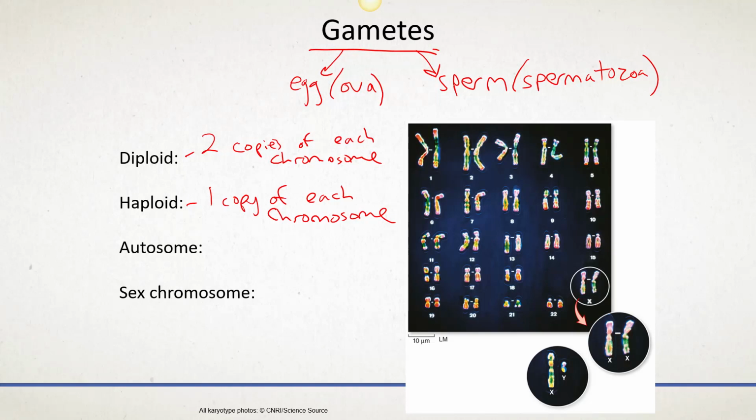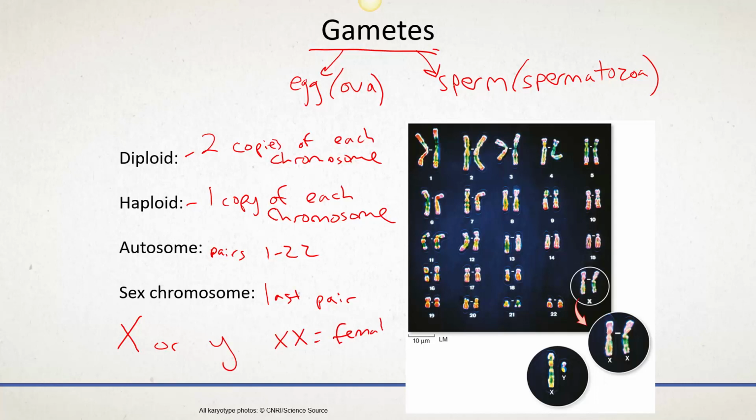The autosomes are chromosome pairs 1 through 22, and the sex chromosomes are the last pair of chromosomes, X or Y. XX is female. XY is male.